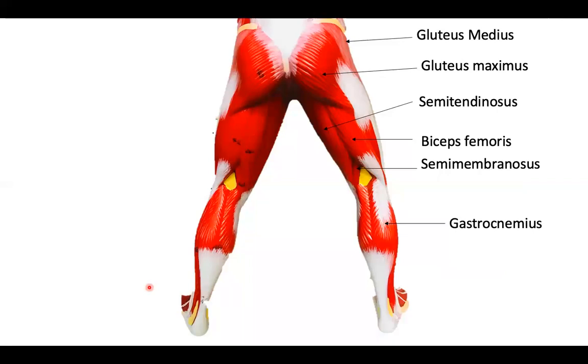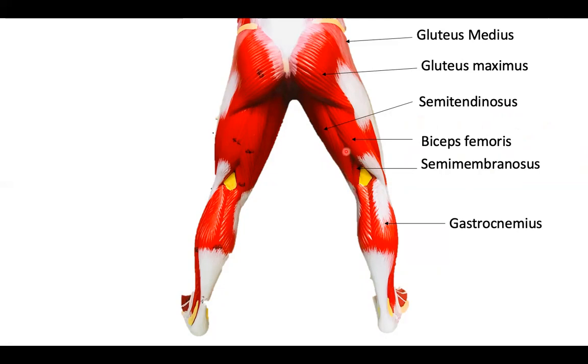The muscles that form the posterior aspect of the thigh are generally referred to as hamstrings. Hamstrings is made up of 3 main muscles. On the lateral view, which is right here, you have a muscle called biceps femoris. Again, this implies that it has 2 heads, associated with the femur. On the medial aspect of the thigh, on the superficial side, you have what we identify as semitendinosus.